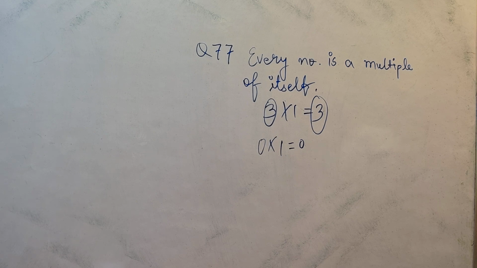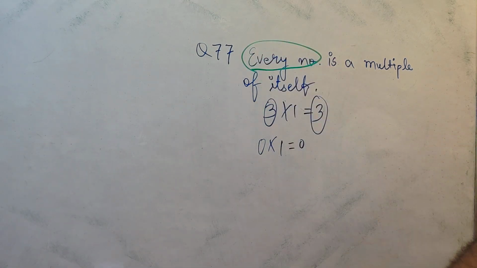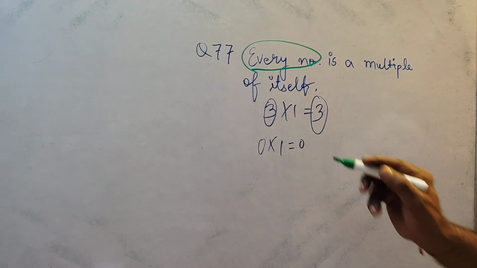The condition here is every number. The question is talking about all numbers. All numbers are multiples of themselves. What is the meaning of multiple of itself?